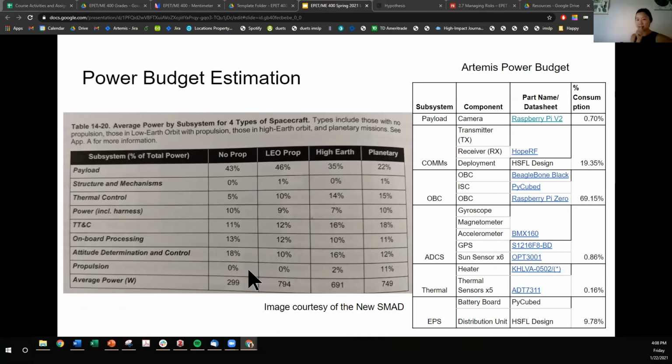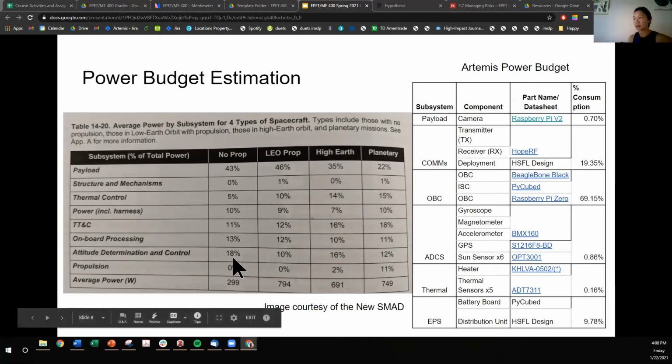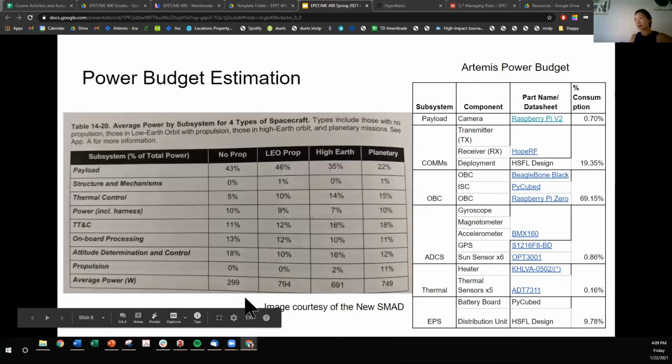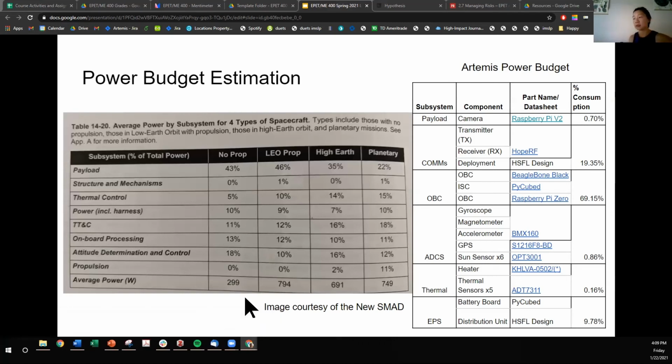So again, the payload should consume the most power, but you'll note here that the next most powerful thing is the attitude determination and control system. This is most likely assuming that you have active components in the attitude determination and control subsystem, like reaction wheels, which are like motors, and those take up a lot of energy.